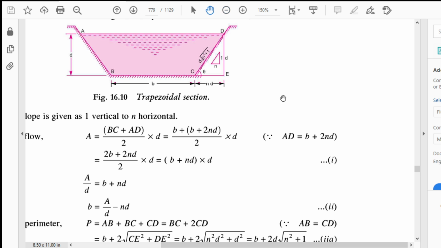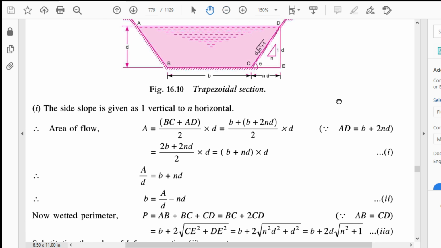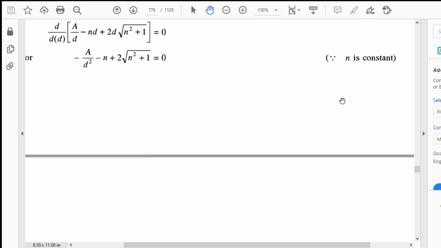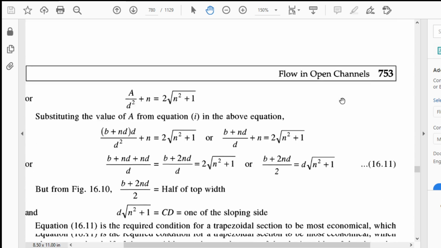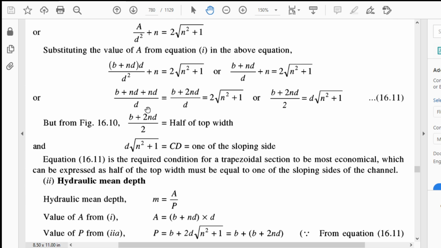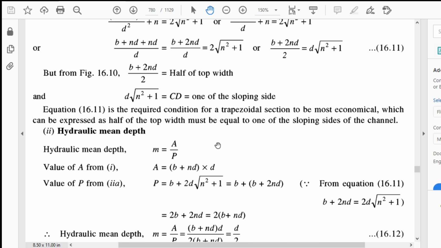You can see, this is the first condition: (B plus 2ND)/2 equals D square root n square plus 1.